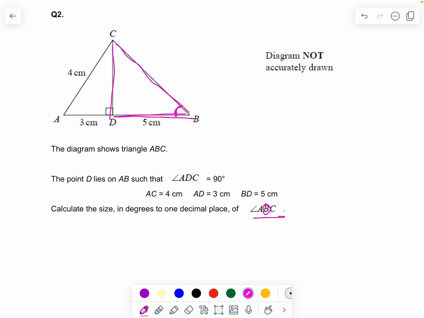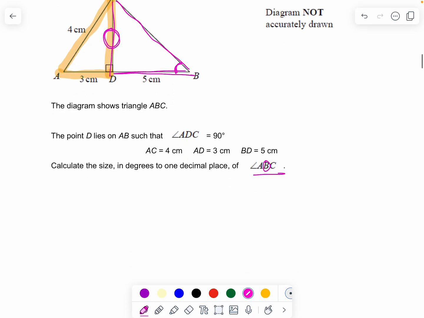So I'm going to look at this right angled triangle separately, and I'm going to find this side here, and I'm going to use Pythagoras first. I've got to be careful because I'm finding another short side, so I need to subtract.